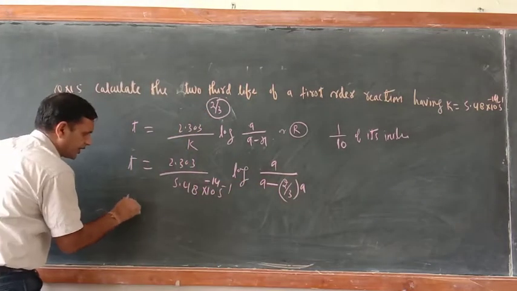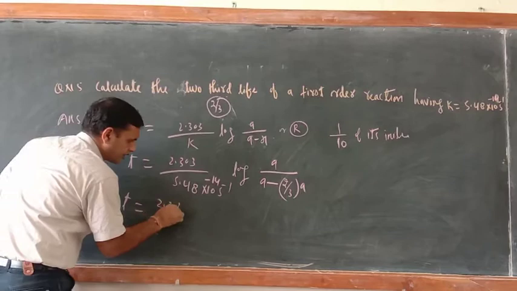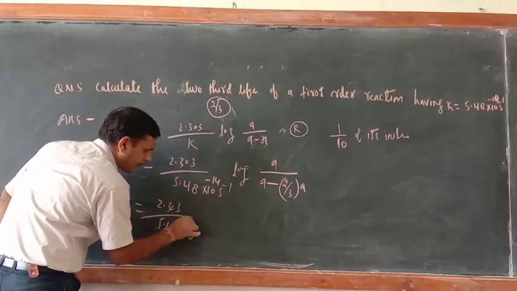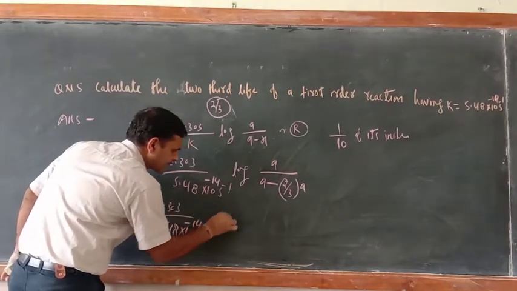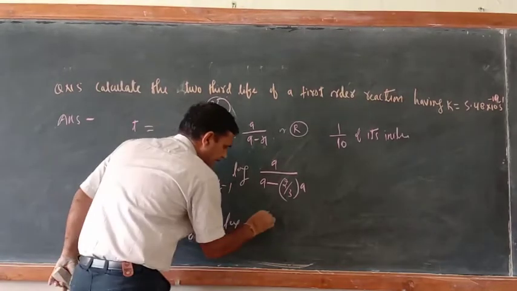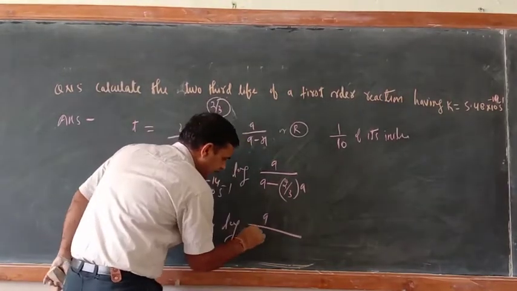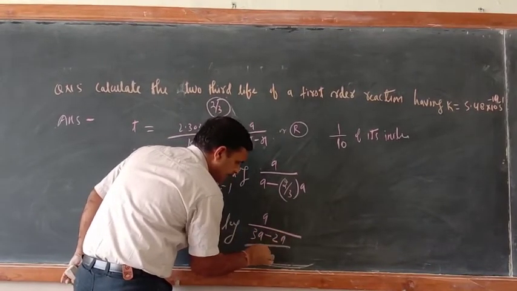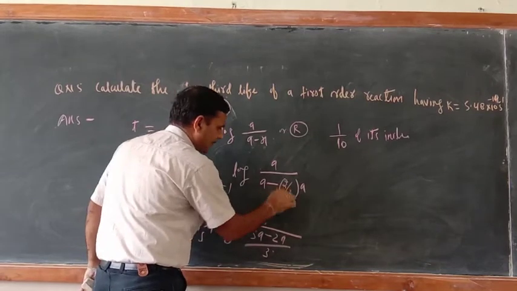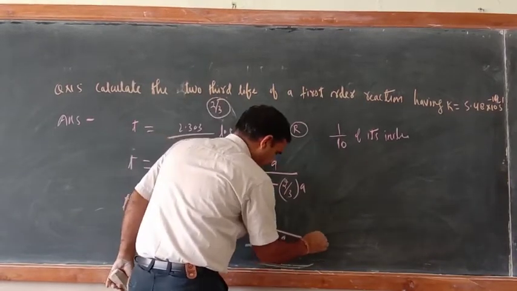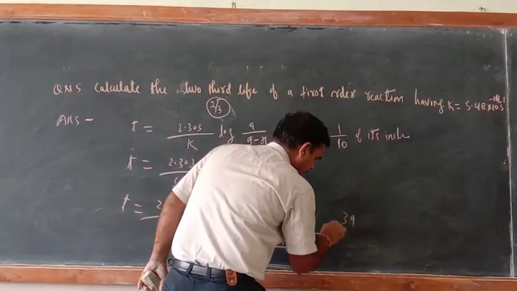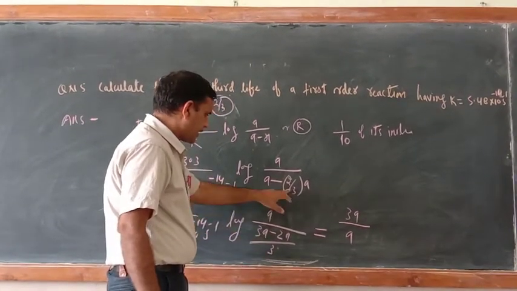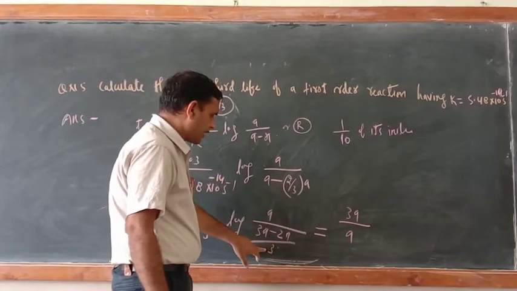t equal to 2.303 divided by 5.48 into 10 raised to the power minus 14 second inverse. Here log a, and here what will I take? 3a minus 2a, LCM 3. So we take the LCM 3: 3a minus 2a divided by 3.